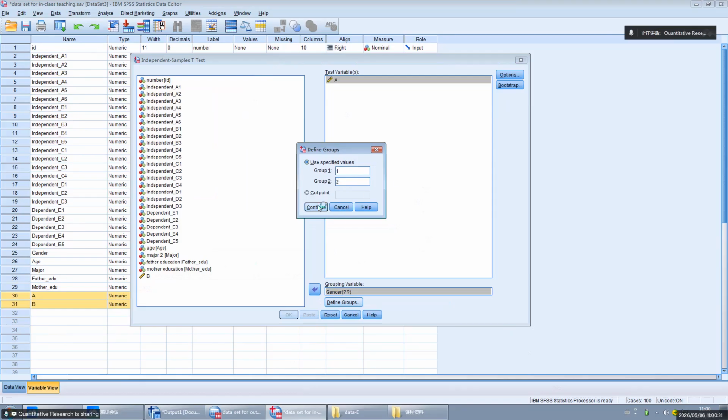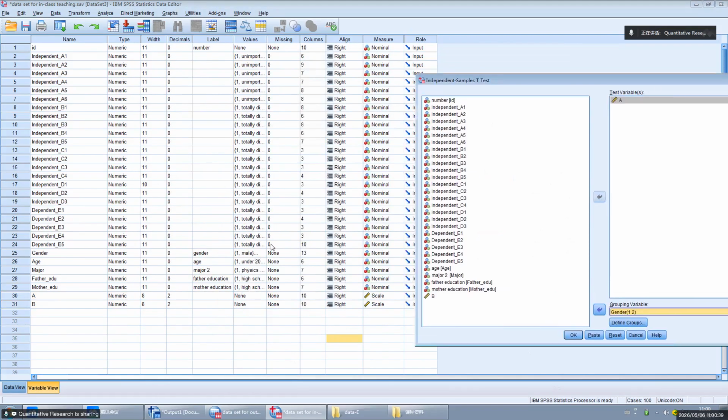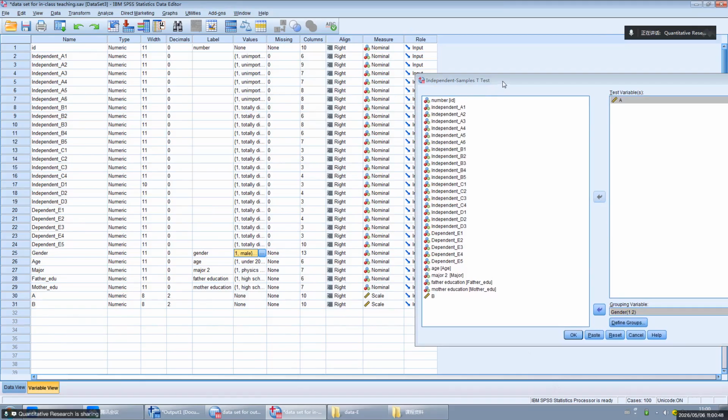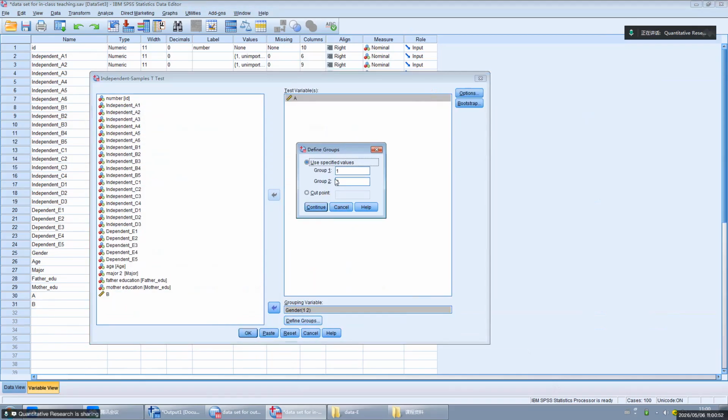Then you continue. Here, 1 represents male, 2 represents female. So you tell the software we have two groups, 1 and 2 respectively.